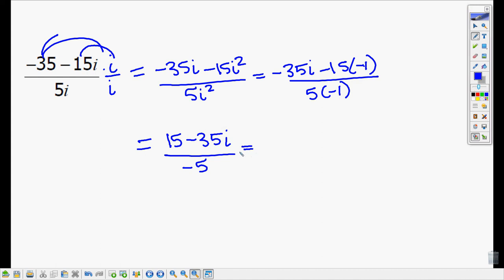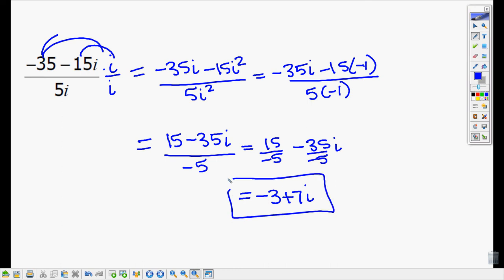So I'm going to break it apart to get in that a plus bi form. So I have 15 over negative 5 minus 35 over negative 5i. 15 divided by a negative 5 is a negative 3. Two negatives make a positive, and 35 divided by 5 is 7. So I have negative 3 plus 7i as my final answer.